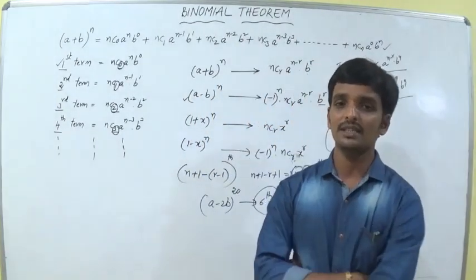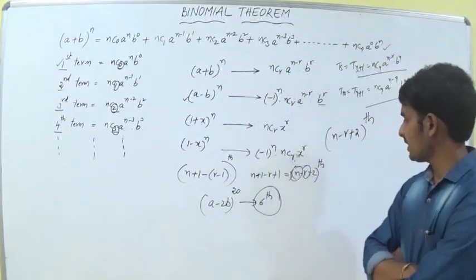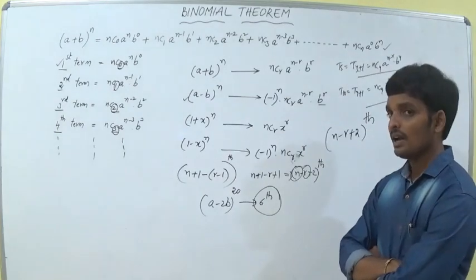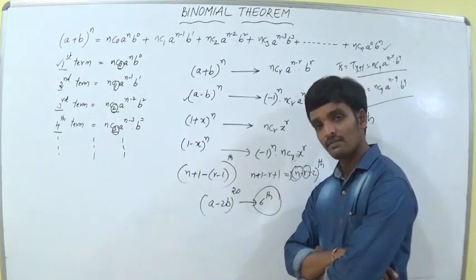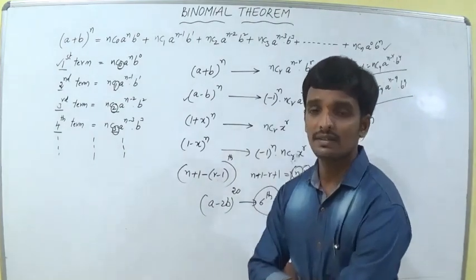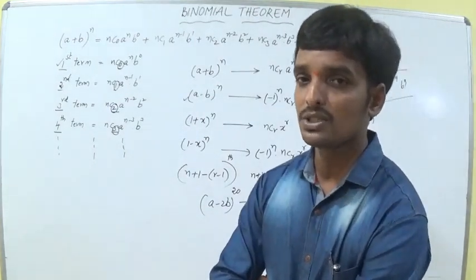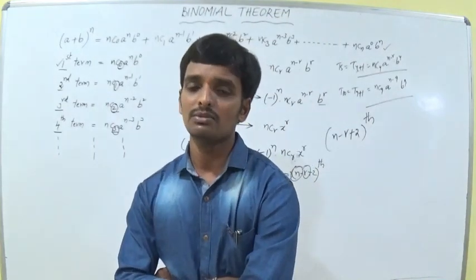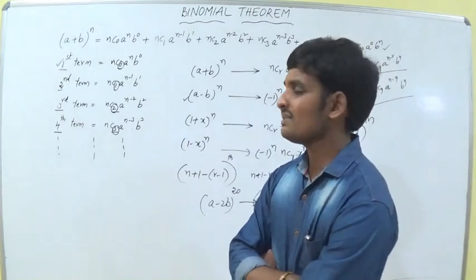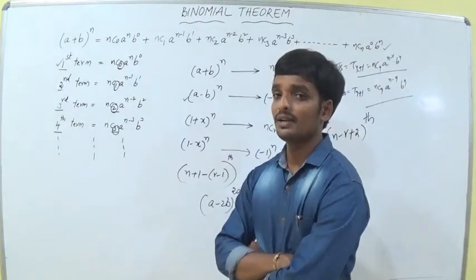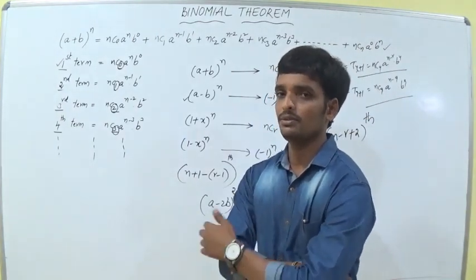In this confusion, we have to find the n minus r plus 2th term. For example, if n minus r plus 2 is 7, you can find T7. If n minus r plus 2 is 20, you can find T20. Are you okay? You can solve some problems with what we have learnt here.